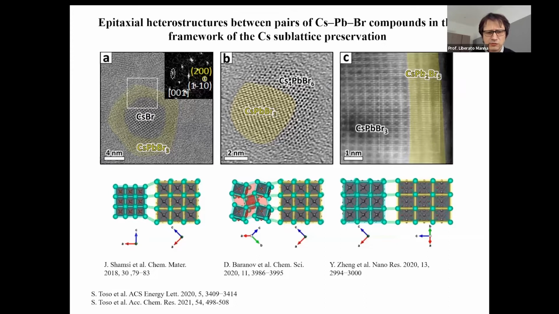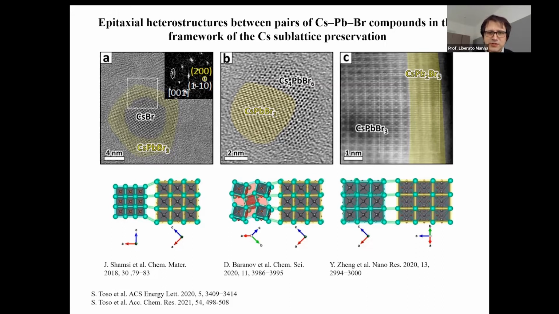What we found out was that these kinds of transformations are very common in perovskites. For example, you can go from CsBr to CsPbBr3. Again, what rules this transformation is the preservation of the cesium cation sublattice. You can even go, as you see in panel C, from CsPbBr3 to CsPb2Br5.